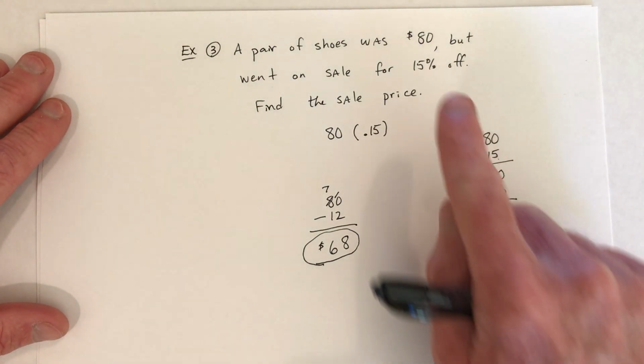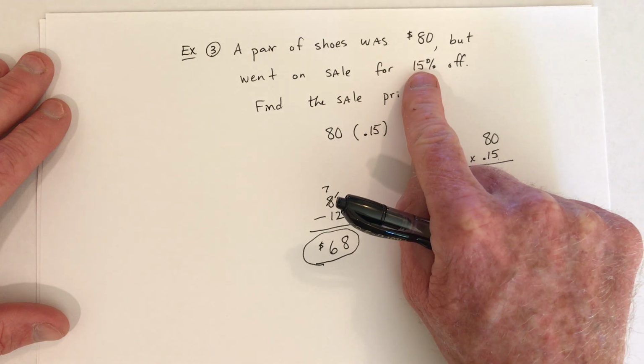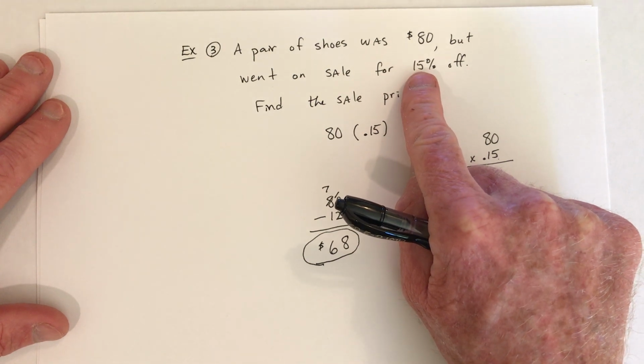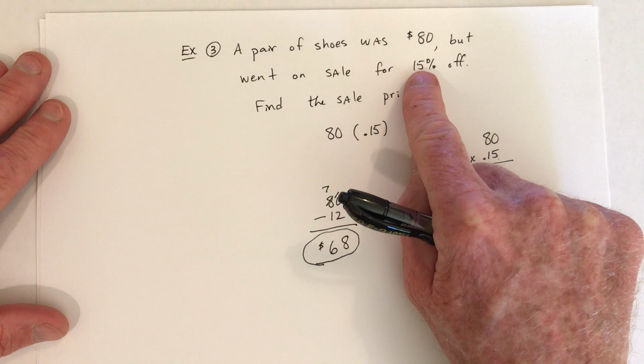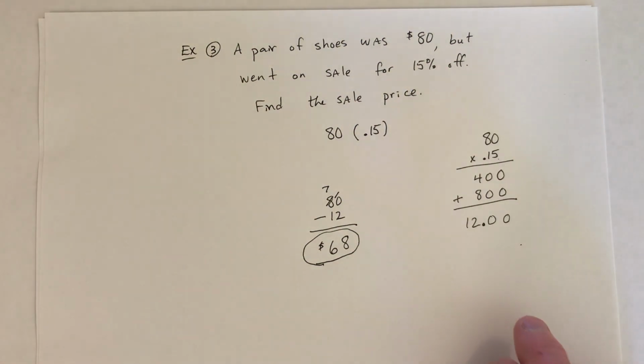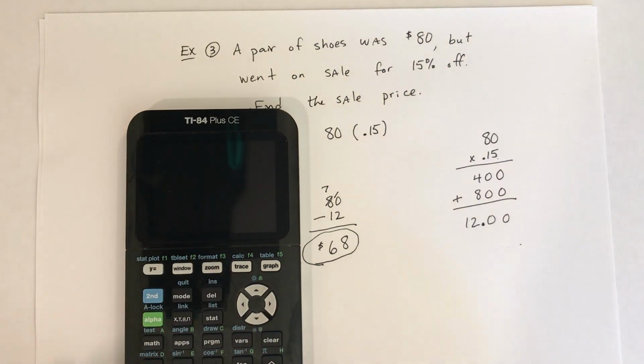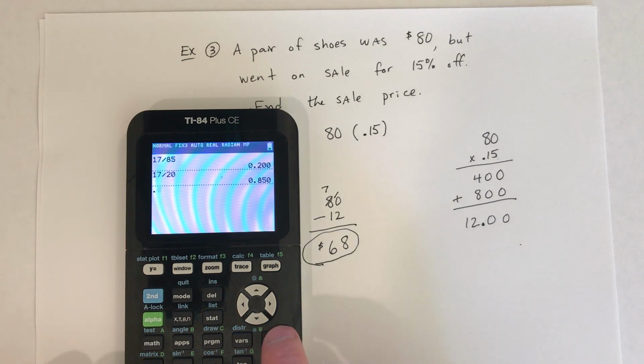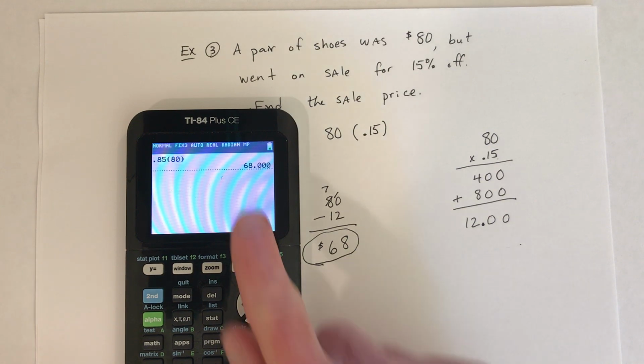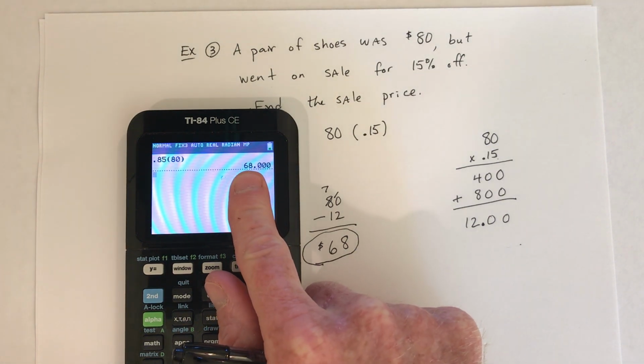Now another way that I could check the answer is, if they're taking 15% off, that means you still have to pay 85% of the price. So if I find 85% of the $80, then it equals the $68.